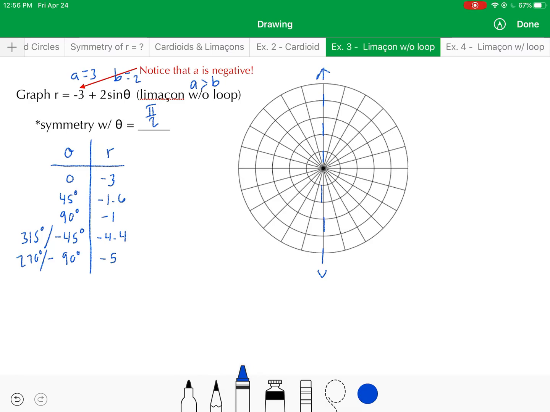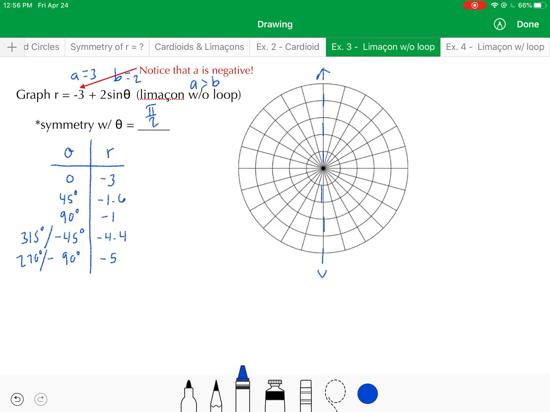All right. Now notice the values that I've chosen for theta this time. So I chose 0, 45, and 90. That would span from the positive x-axis to the positive y-axis. But then I also chose 315 degrees, or you could think of it as -45, it doesn't really matter. And I chose 270 or -90.